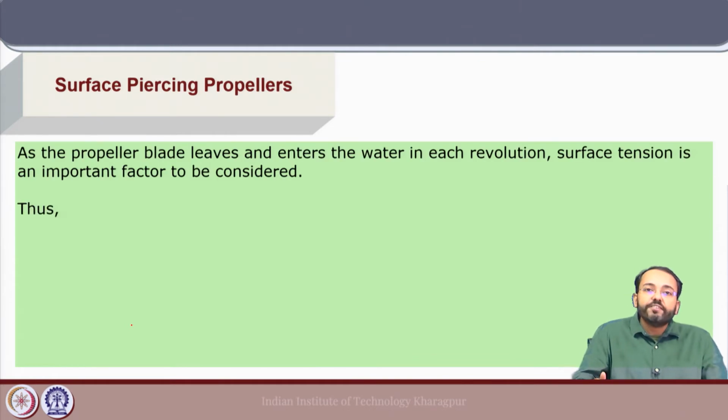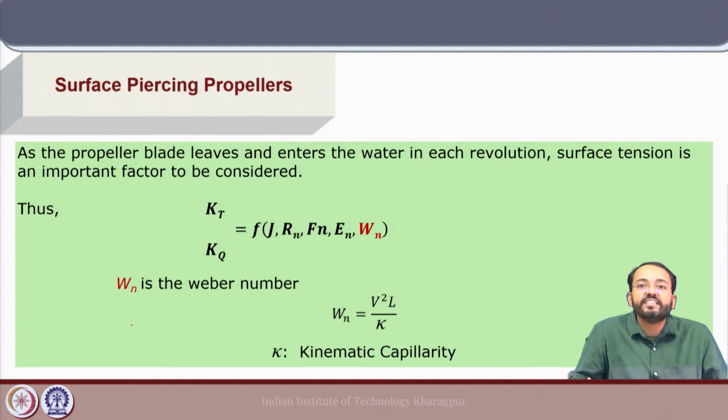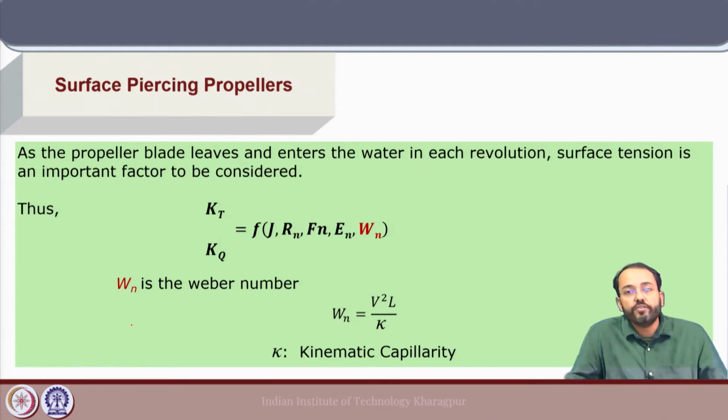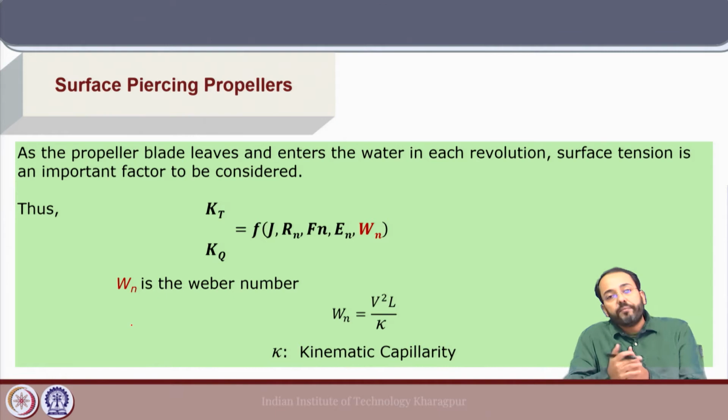Now, for surface piercing propellers, because the propeller leaves and enters the water in each revolution, as we have just discussed, the surface tension of the fluid will also be an important factor in governing the thrust and torque performance of a surface piercing propeller.